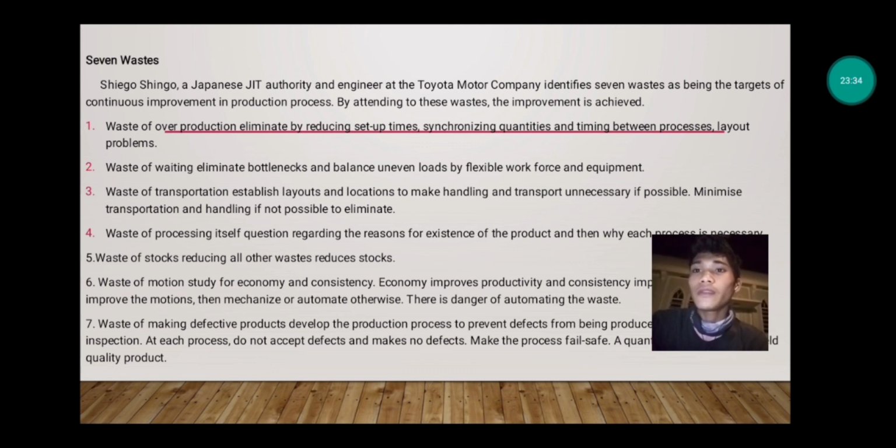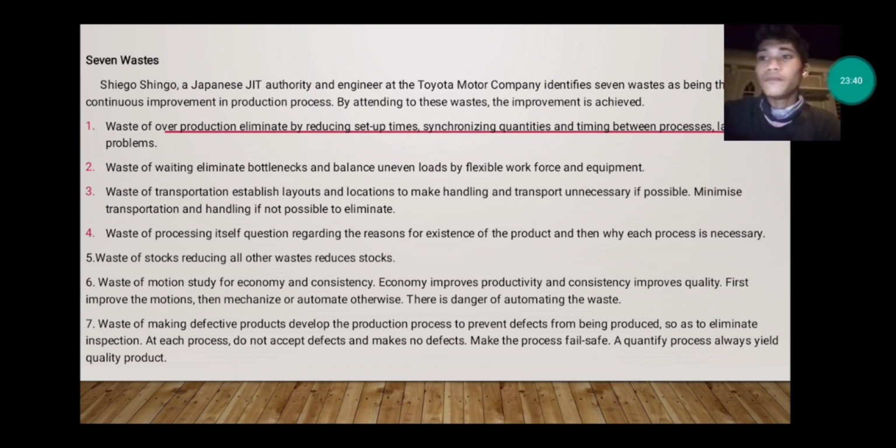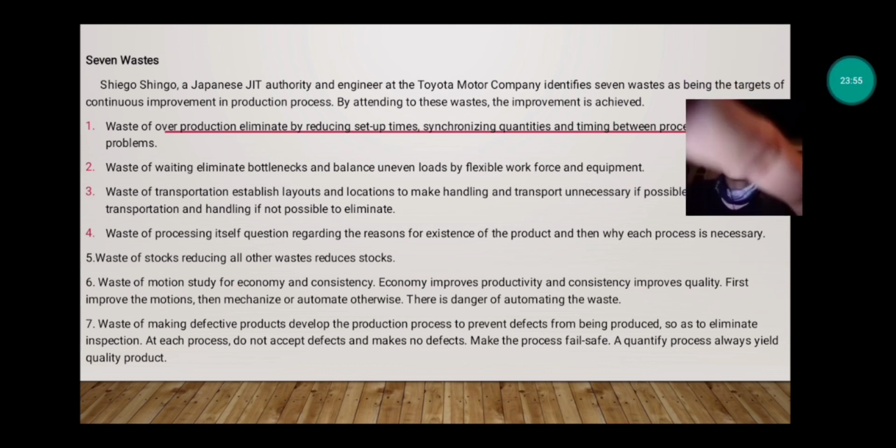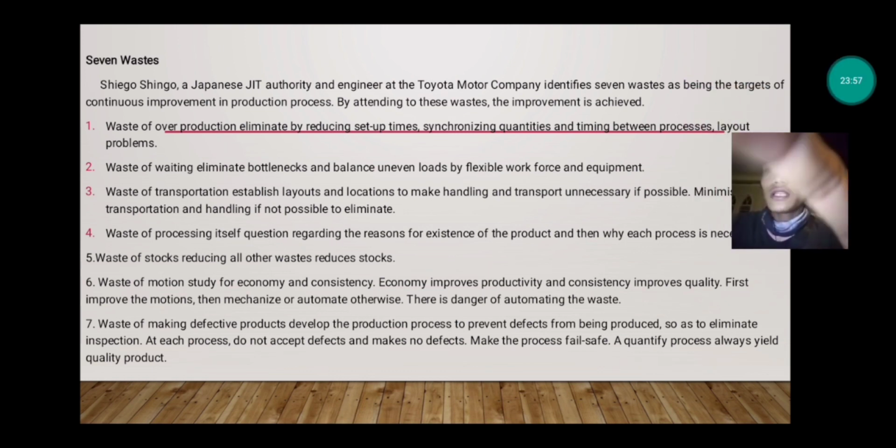First, the waste of overproduction: eliminate it by reducing setup and synchronizing quantities and timing between processes and layout problems.